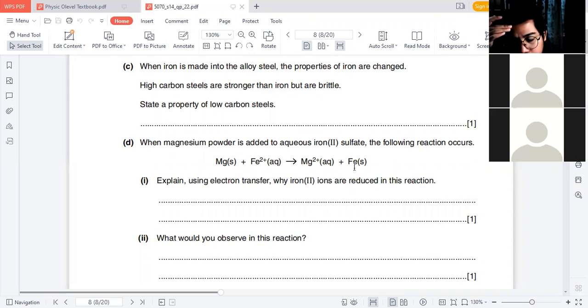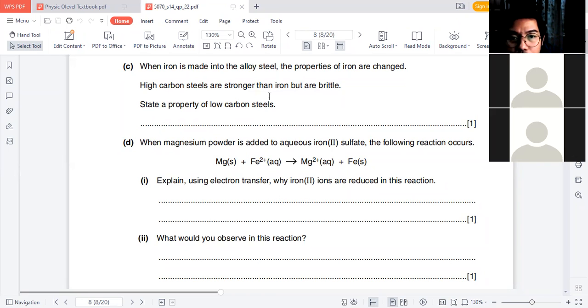It starts with a change of color from green, which is Fe2+, becoming pale, so it is fading. A precipitate forms because of the Fe solid, which is a greenish brownish solid.